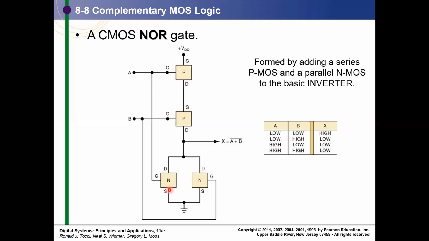For any other condition, any one input going high, that P transistor is open, no connectivity. If both are high, both are open. Any high on the N side will turn on those transistors, so it will provide a connection and the output falls to 0.